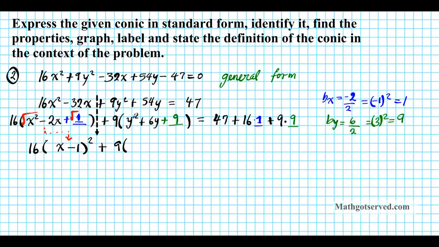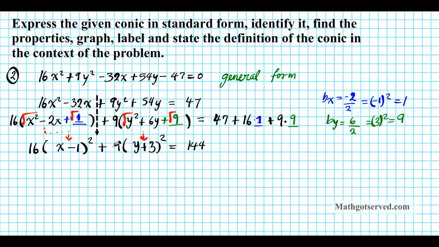You root the first and the last, and bring down the middle sign, and then you have y plus 3 quantity squared equals 47 plus 16 plus 81 is 144.